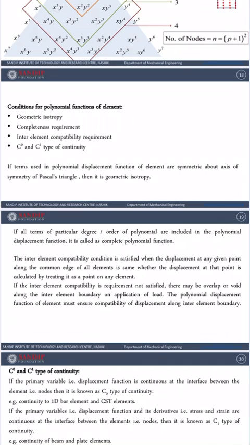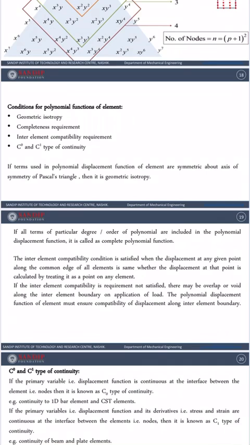The last one is C0 and C1 type of continuity. As we discussed in the previous lecture, for C0 we need to satisfy the displacement requirement. For C1 type of continuity we need to satisfy displacement as well as slope requirement.